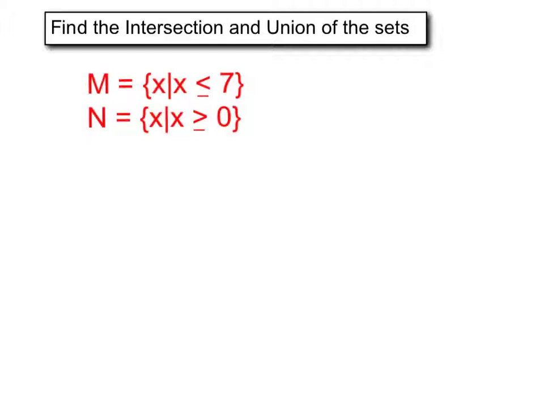Now, to find the intersection, we must put M and N together. We do that by making a compound inequality. To do that, we just put the pointless X line thingy.